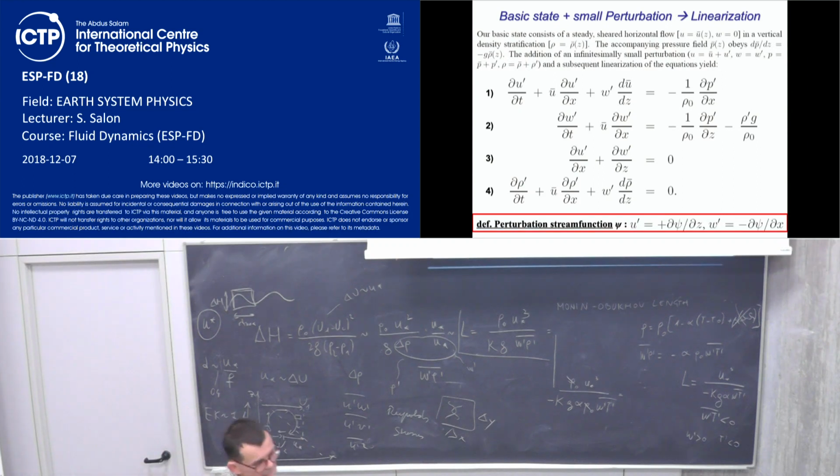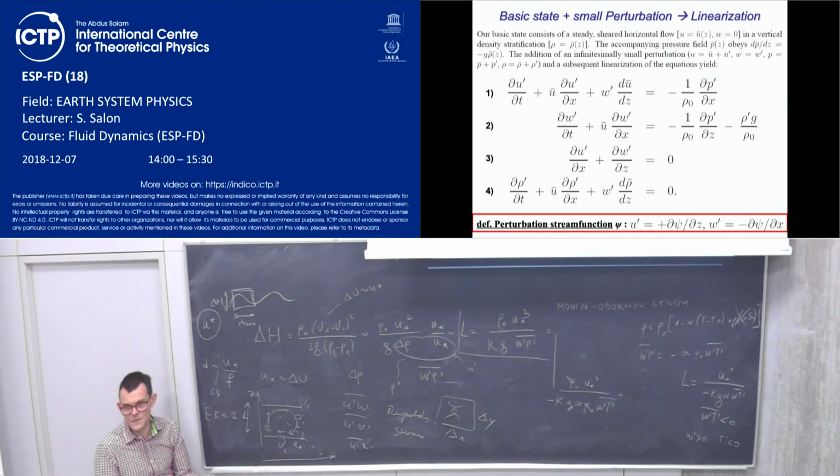So this is actually the idea of how the stratification is eroded at a very small scale, and how the turbulence acts to erode the stratification.